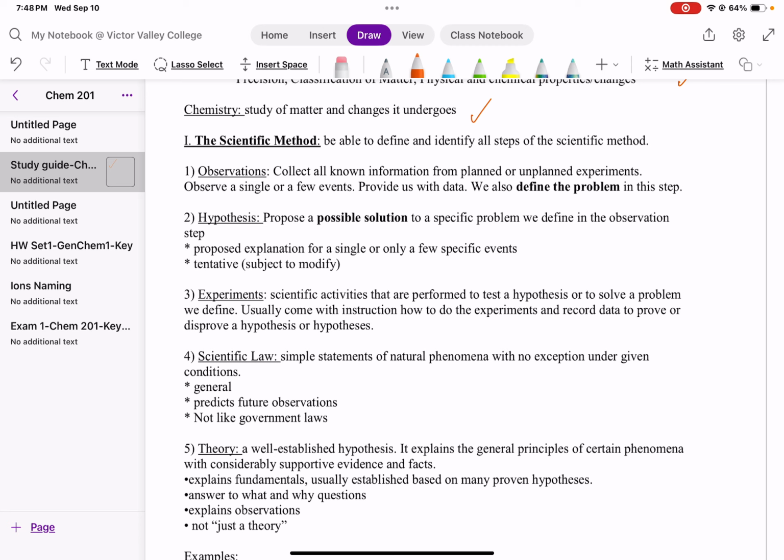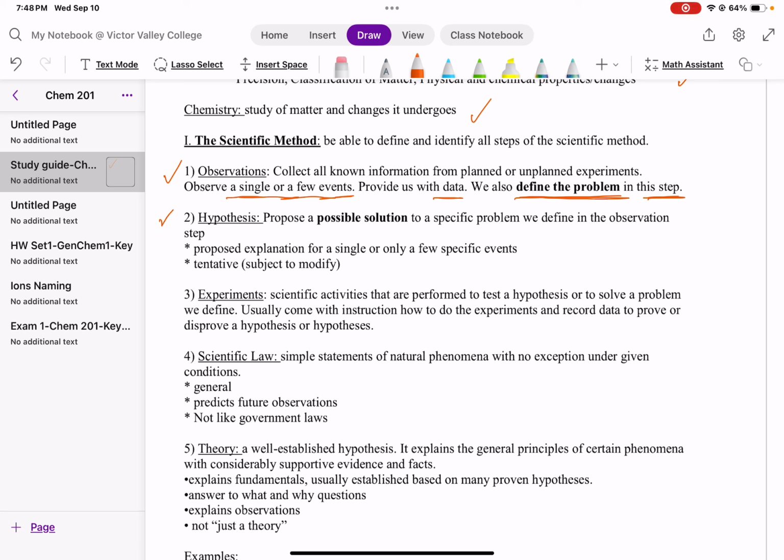The first thing we do is make observations. We record the data of specific events or experiments, and we define the problem to be solved, and that's why we come up with hypotheses.